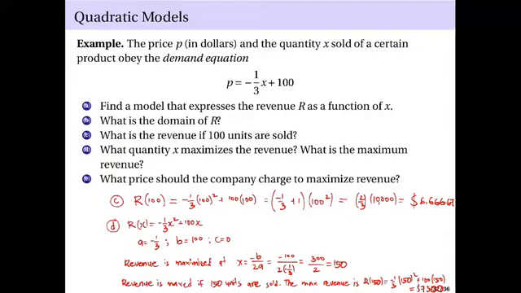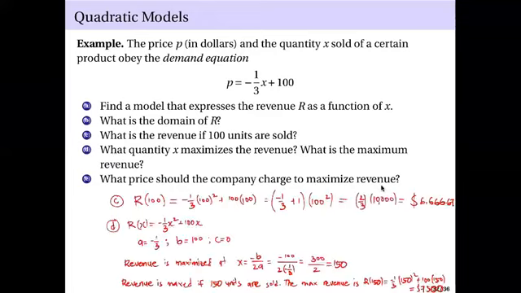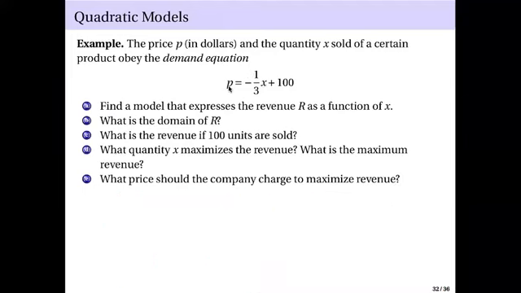And then, for the last problem here, what price should the company charge to maximize revenue? So we found that the maximum revenue is obtained if we sold 150 units. This is the price. So we just replace X with 150 and we will be able to solve for that price.